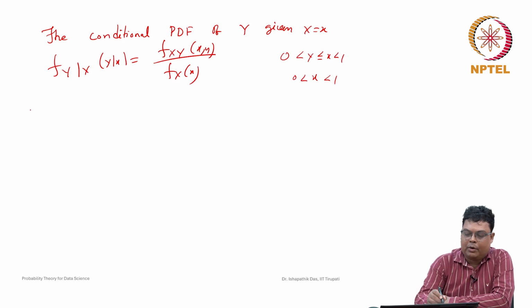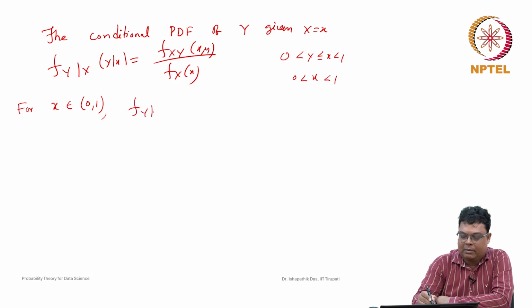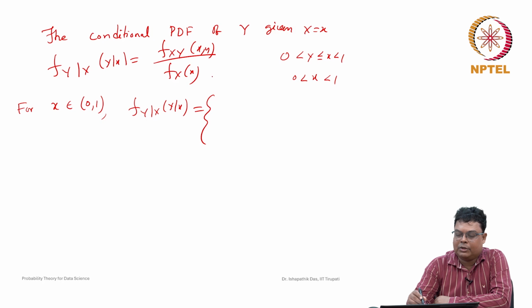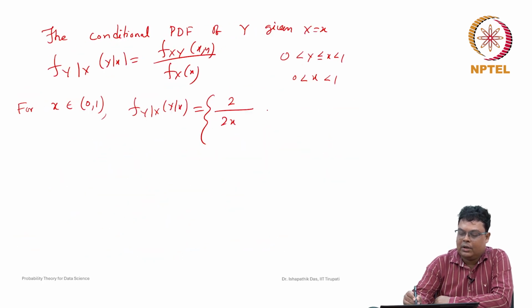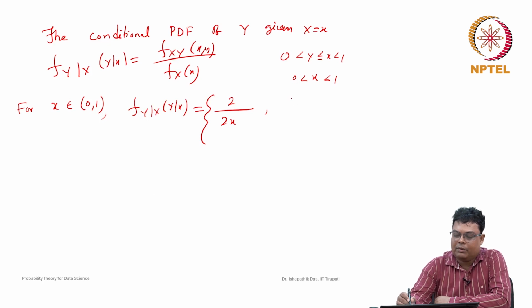So for a given x belonging to the open interval (0, 1), f(y given x) can be written as f(x,y), which is 2, divided by f_X(x), which we have found to be 2x. The range of y is the intersection of both these ranges, so y ≤ x.